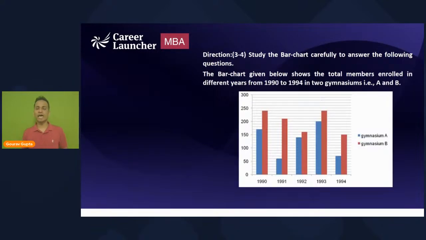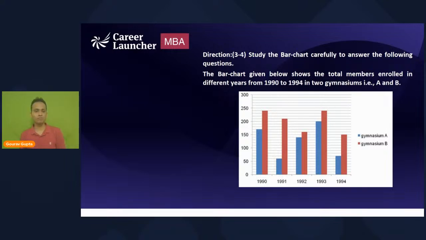Let's quickly move on and look at the next type of data, that is bar graphs. So have a look at this data, read it, and I'll give you the question, and we'll see how to tackle such cases. So let's study this bar graph. The question says that the bar chart given below shows the total members enrolled in different years from 1990 to 1994.